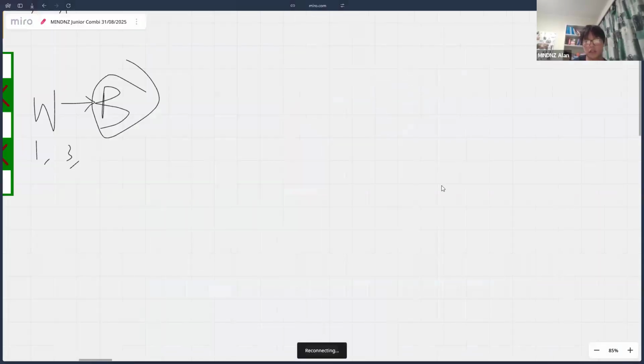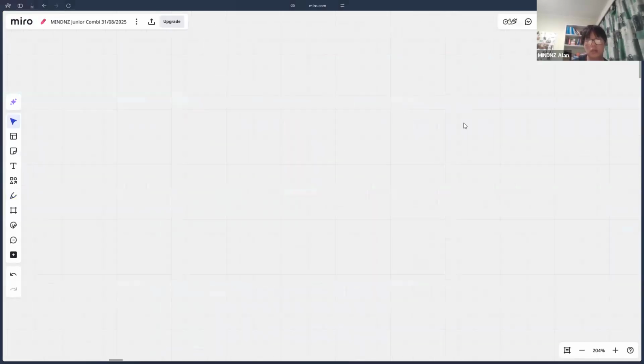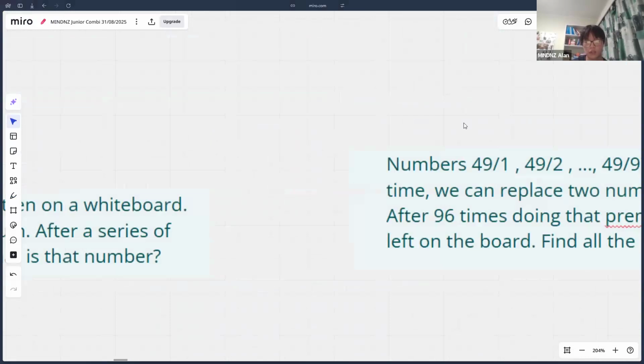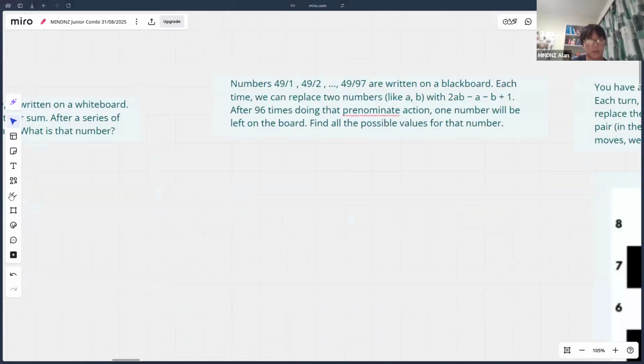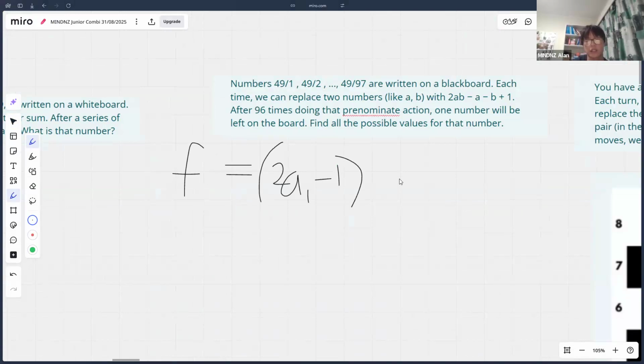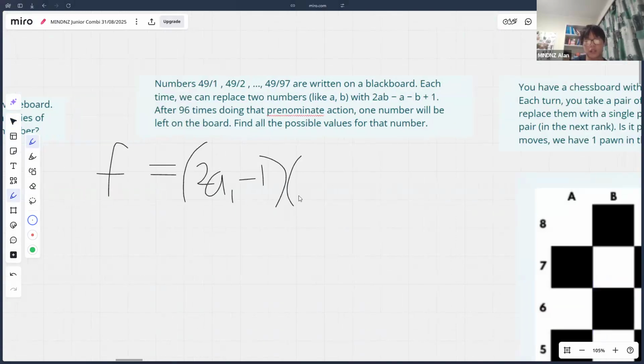We take some function f equals 2a1 minus 1 times, where a1 is the number in the first position on our blackboard, it doesn't really matter, and then dot, dot, dot, because we don't know how many numbers we're dealing with.